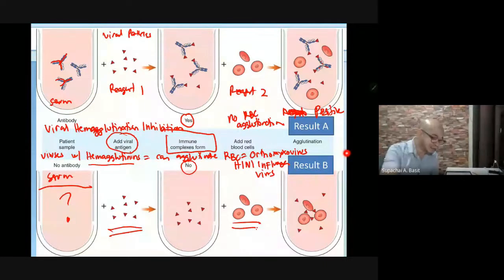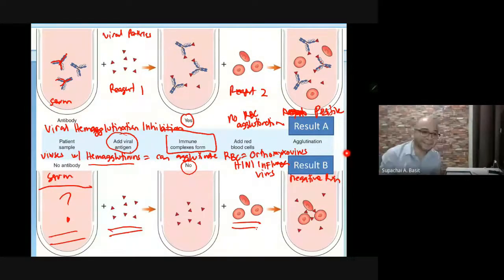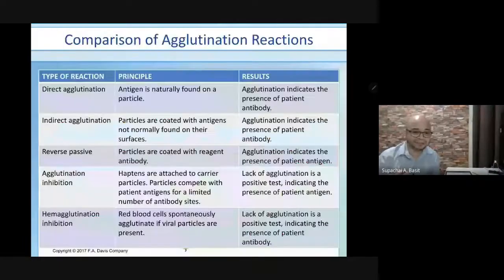Agglutination of RBC, however, is a negative reaction because it can only happen if the serum doesn't have any antibodies at all. Okay, so this is an example of viral hemagglutination inhibition.